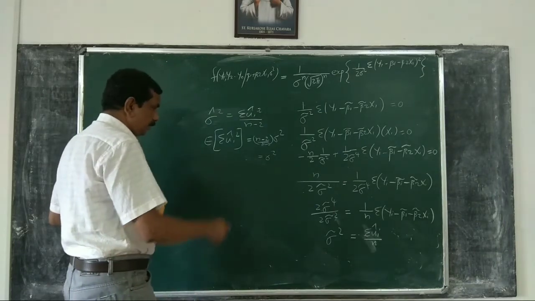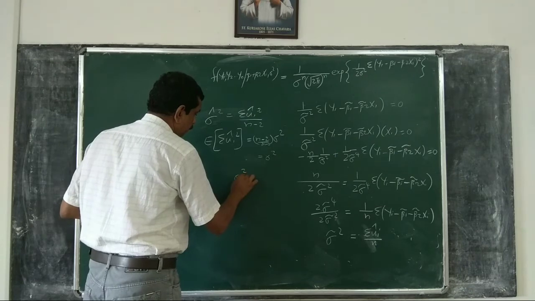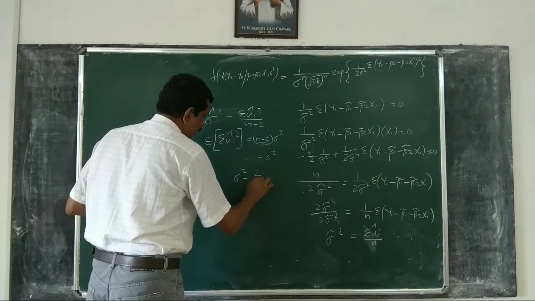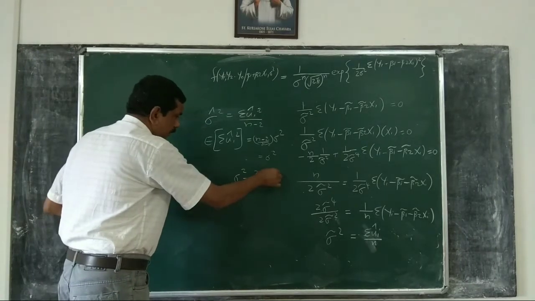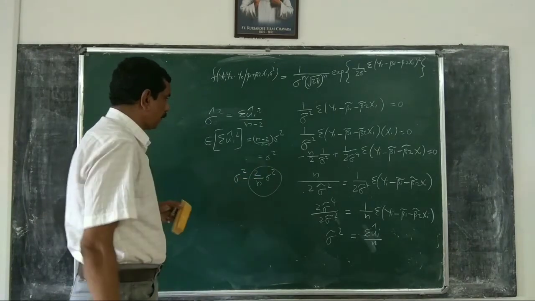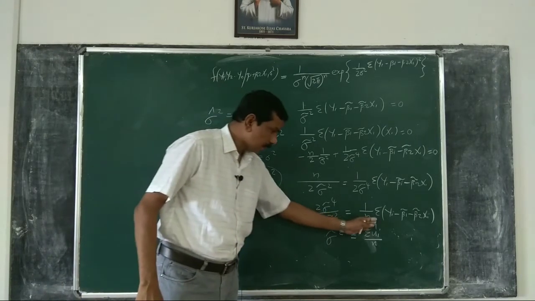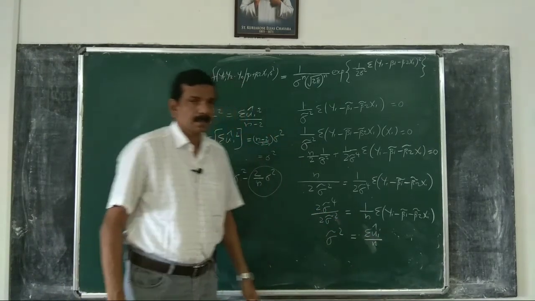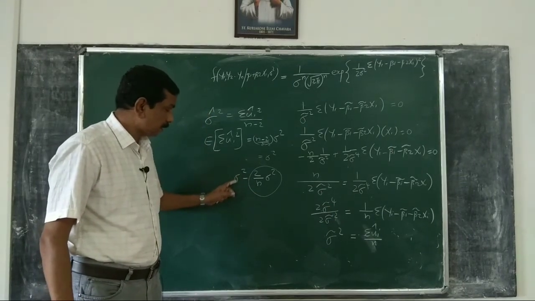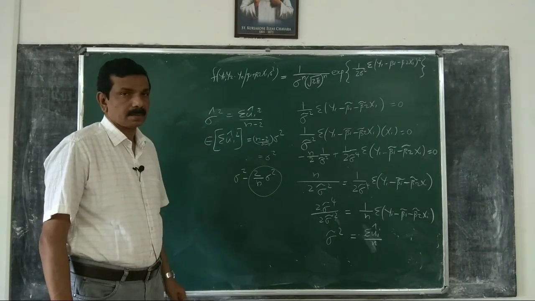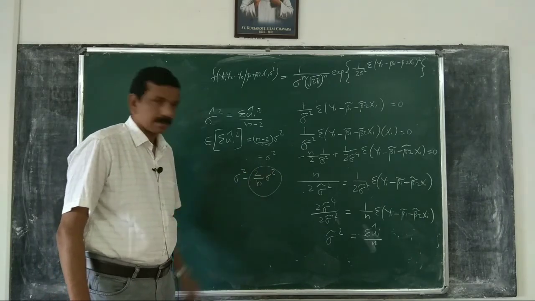Naturally, if you divide it with n, it becomes sigma square minus 2 by n into sigma square. So this term is the bias term. If you estimate sigma square as sigma u hat i square by n, that is, the ML estimator is a biased estimator of sigma square. The bias is given by 2 by n into sigma square.